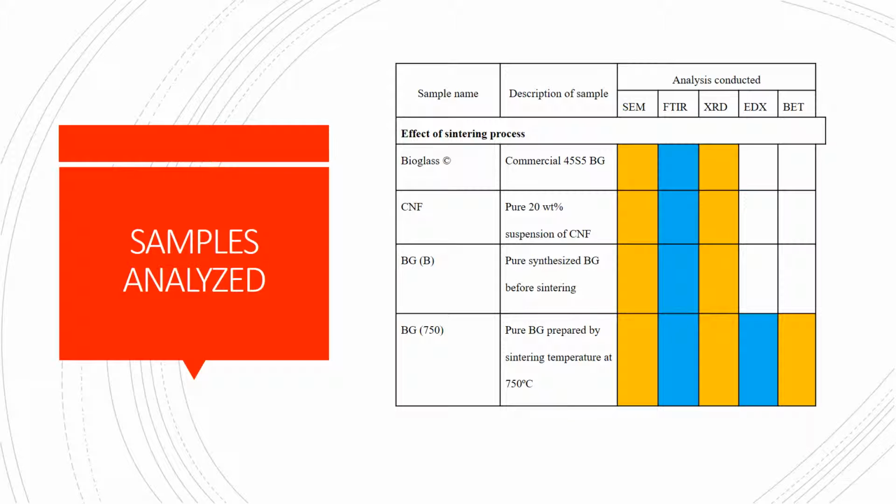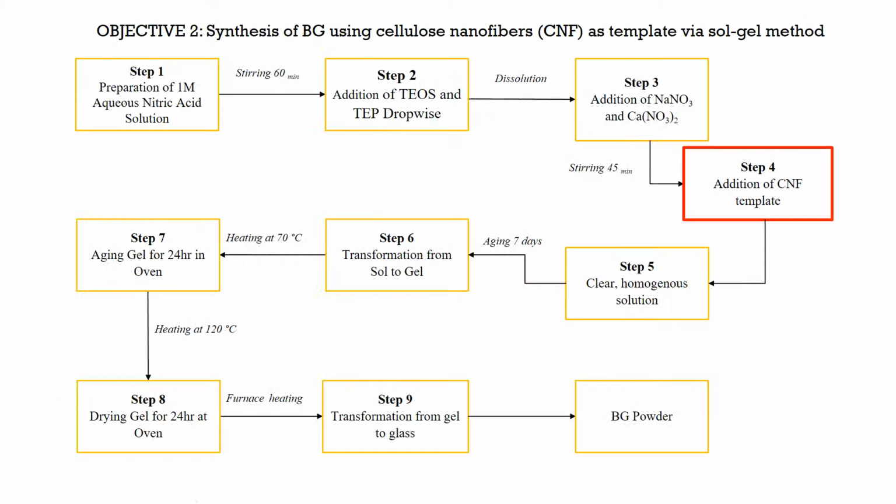The bioactive glass was synthesized and then it was compared with commercial 45S5 bioactive glass and pure CNF. The analyses that were conducted were SEM, scanning electron microscope analysis, FTIR, XRD, as well as EDX and BT, but only for the bioactive glass that was sintered at 750 degrees Celsius.